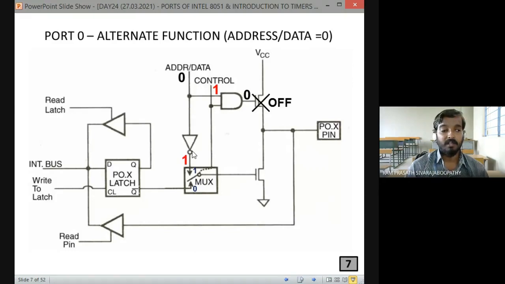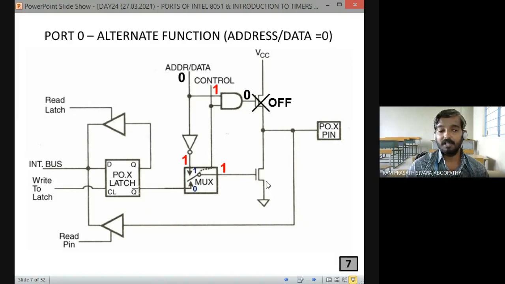What about the output of the NOT gate? Yes, very good, 1. So now the mux is connected with the output of the NOT gate, not with the port latch. As the control pin is 1, automatically this connection is going to be established. So here it looks like the switch is connected at the bottom, actually it is connected at the top. Fine. So now we are getting logic 1 to the field effect transistor, the lower FET.